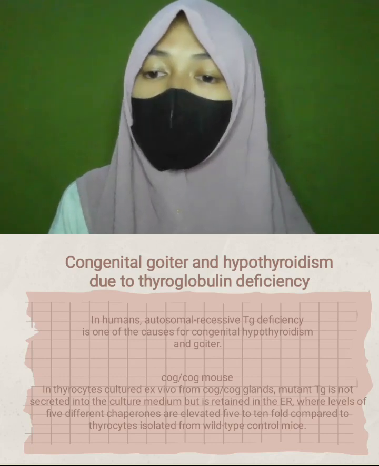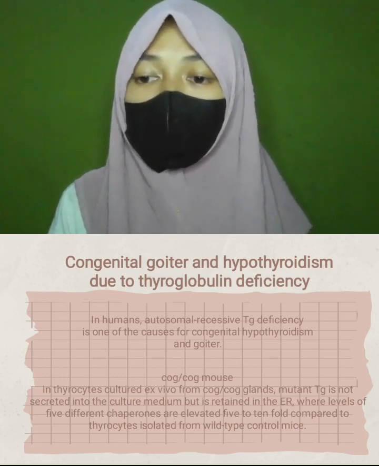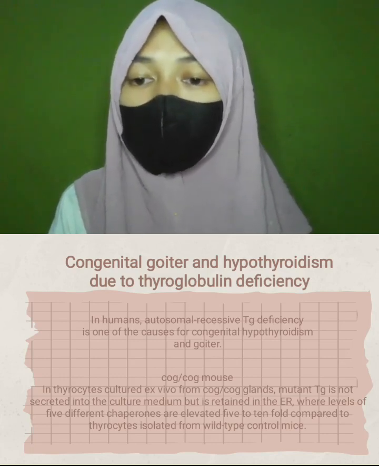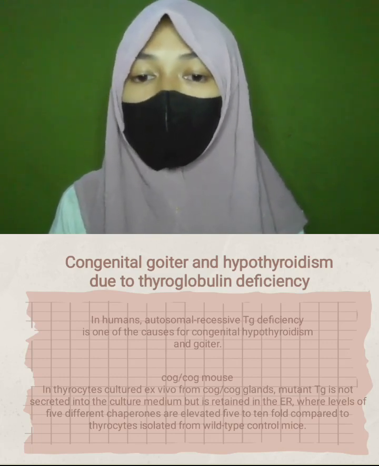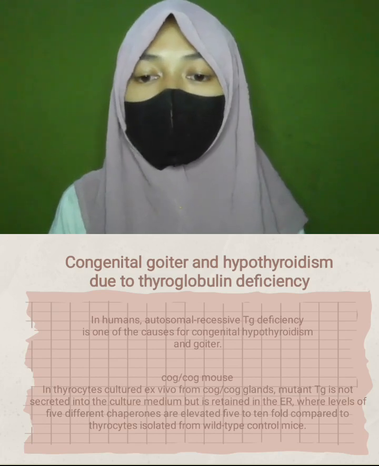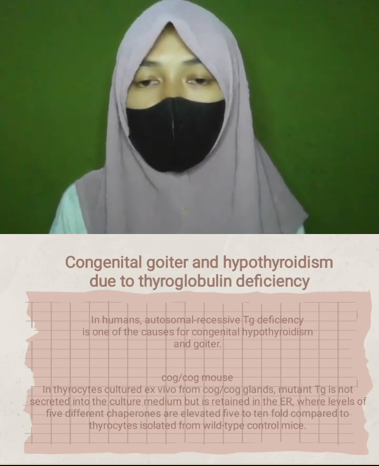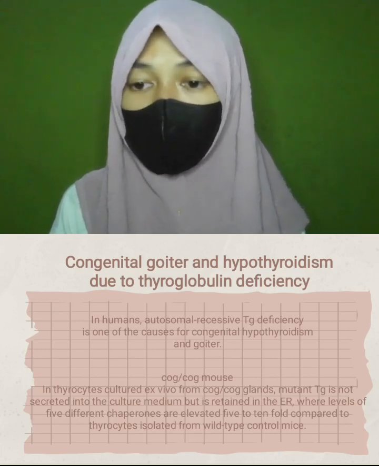Likewise, in humans with congenital TG deficiency, TG is retained in the ER. Thyroid colloid is largely devoid of TG, and the ER is distended when studied by electron microscopy.